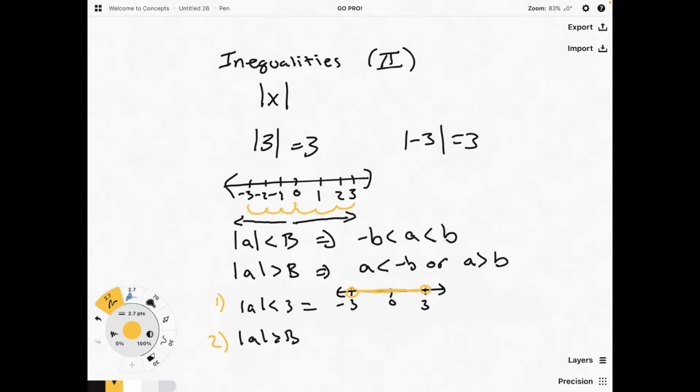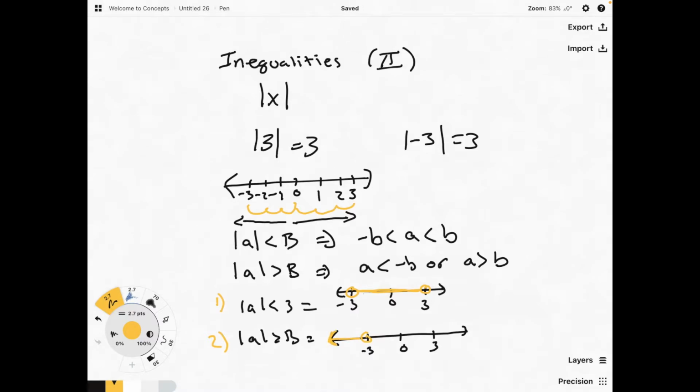Looking at the second example on our number line, if we have negative 3, 3, 0, we see that A is less than negative B, so that's any value that's out in this direction.